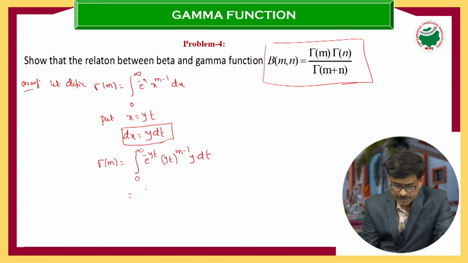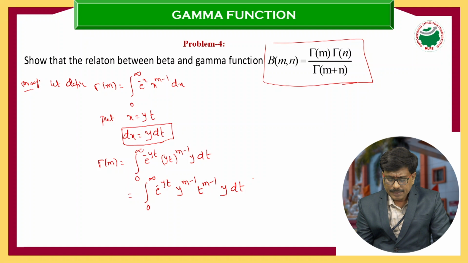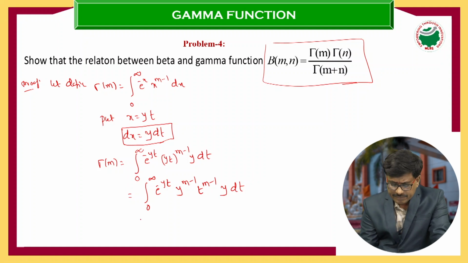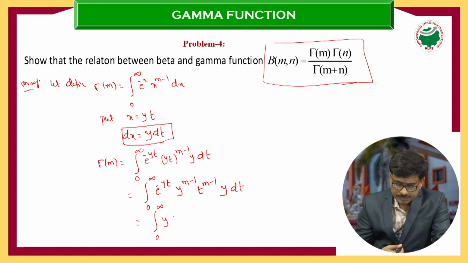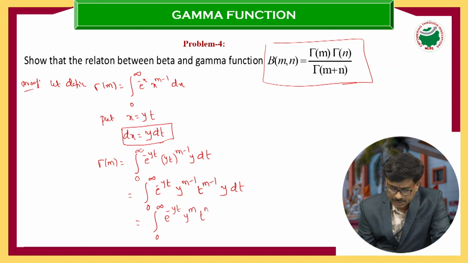Let me simplify this integral value. Integral 0 to infinity e power minus yt, y power m minus 1, t power m minus 1, y into dt. Now let me compare the y variables. What happens? Integral 0 to infinity e power minus yt and y power m, t power m minus 1 into dt.